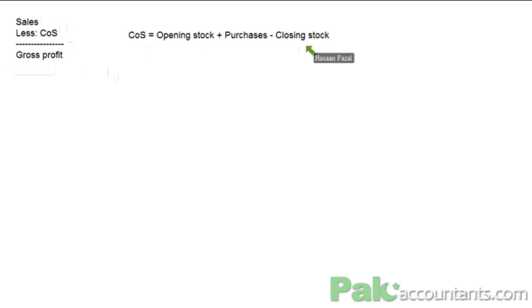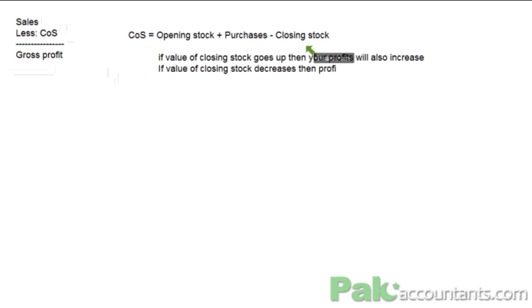The higher the value of closing stock, the higher your profits are going to be. If the value of closing stock goes up, your profits will also increase. Similarly, if the value of closing stock decreases, then profits will also fall. That means there is a direct relationship between the closing stock and the profits.